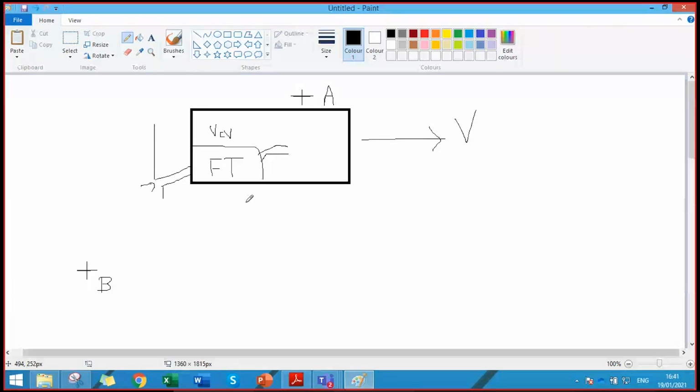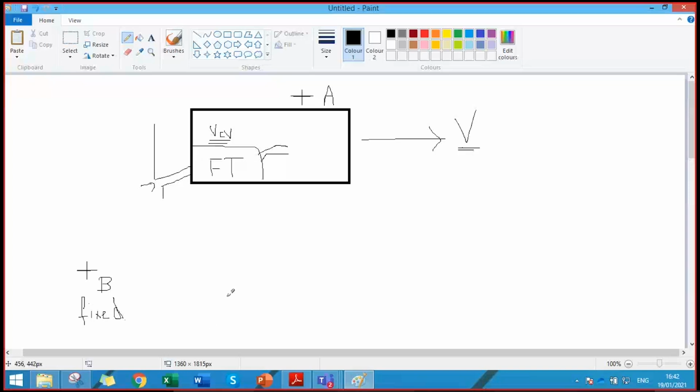So these are two velocities from the perspective of an observer that is fixed. These are the absolute velocities, if observer B is fixed.